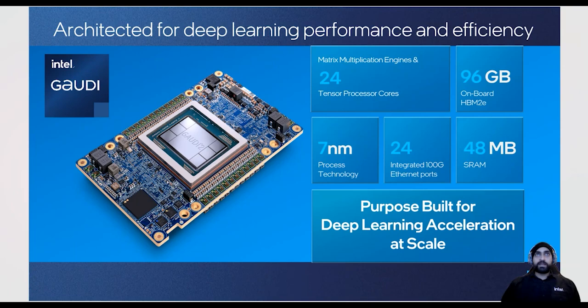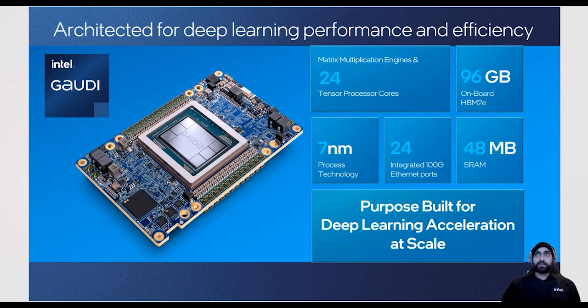So here's the Gaudi 2 AI processor from Intel. As you can see, this is a single card shown in the image right now. You can have 8 of these cards running together in one server. Each of these cards comes with 96 GB of onboard high bandwidth memory. It's built with 7 nanometer process technology.